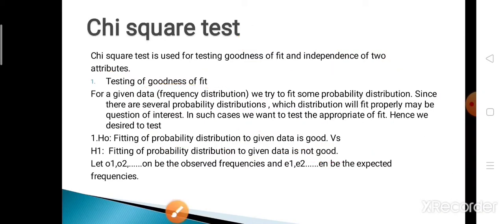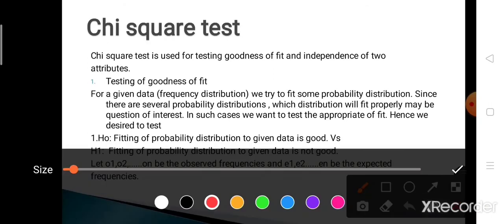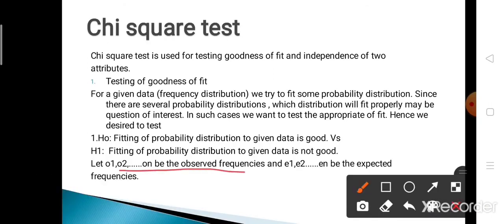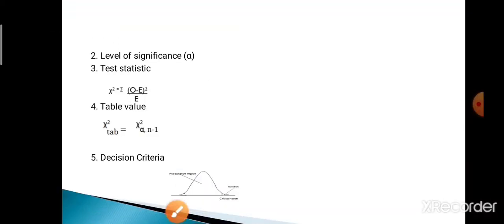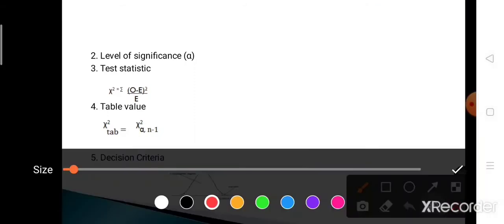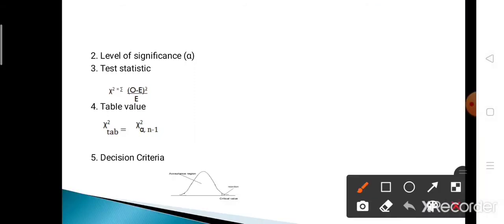Let O1, O2, ..., On be the observed frequencies, and E1, E2, ..., En be the expected frequencies. Now the second step is the level of significance. Level of significance is denoted by alpha, and it may be fixed at 1%, 5%, 10%, etc.